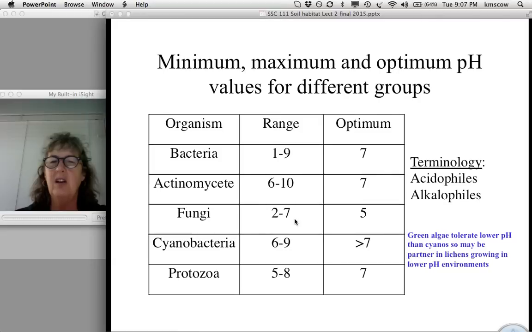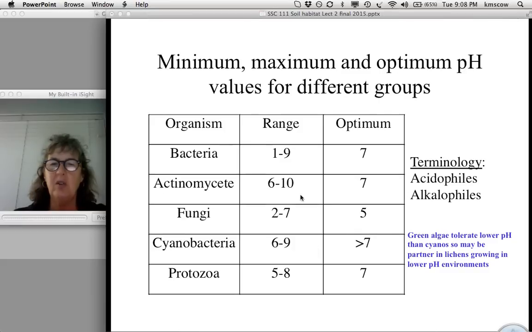Fungi are tolerant of low pH. They may actually prefer a higher pH, but they can function pretty well at lower pHs in soil. And actually we sometimes use acidity to shut out other organisms, to reduce the growth of bacteria and make room for the slower growing fungi to take hold on plates.